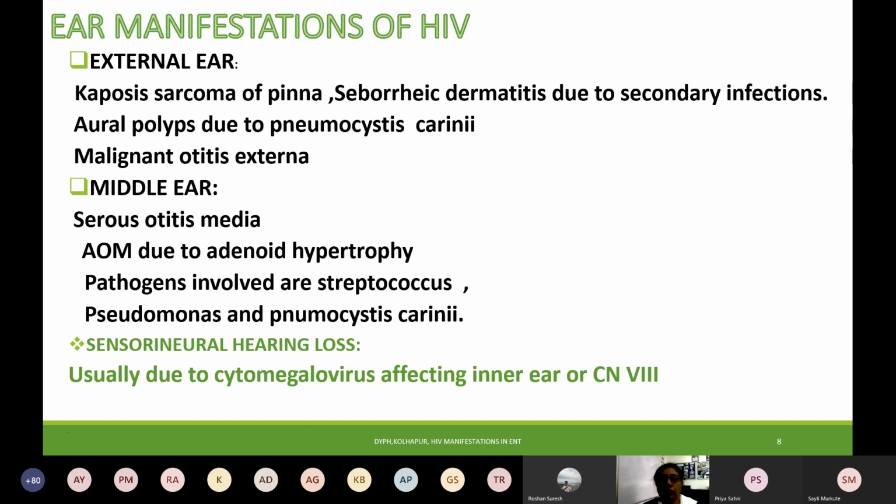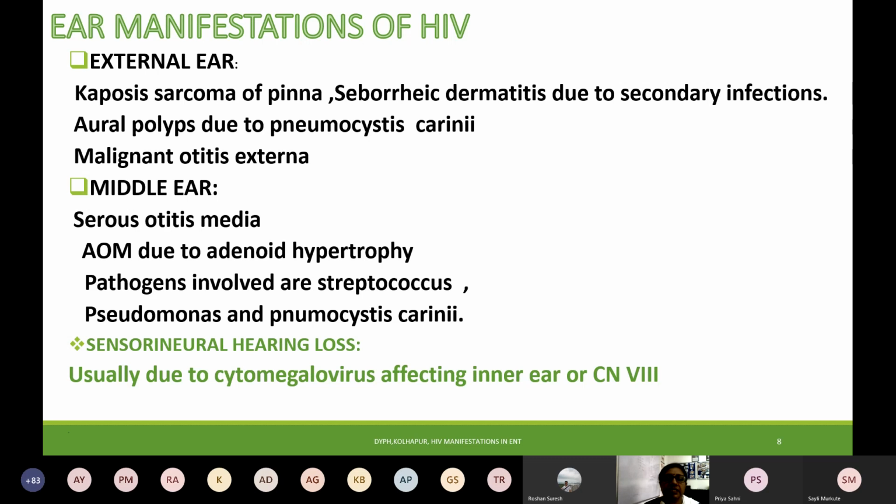If you want, you can add that in this answer. In the external ear, we see Kaposi's sarcoma of the pinna, seborrheic dermatitis due to secondary infections, polyps due to Pneumocystis carinii, and malignant otitis externa. These are the infections we see in the external ear.